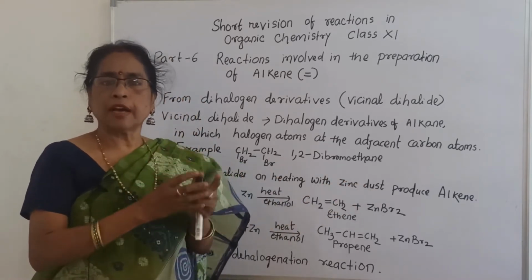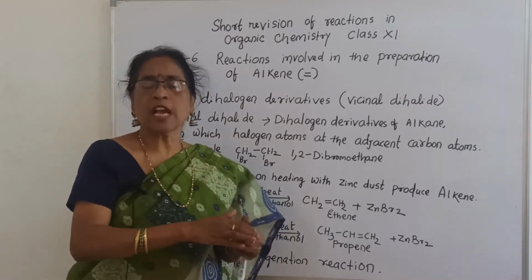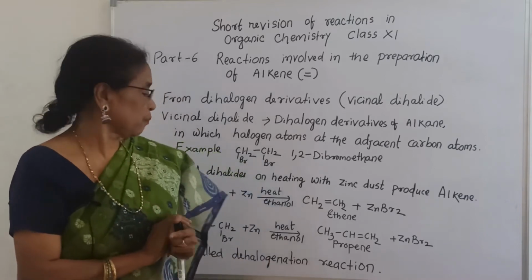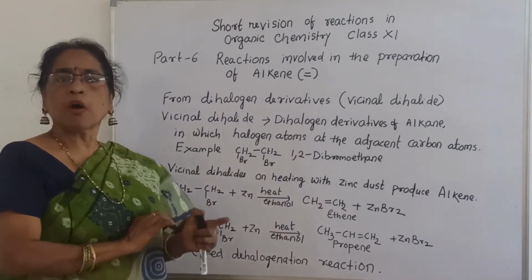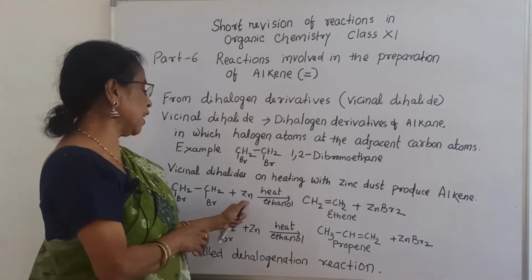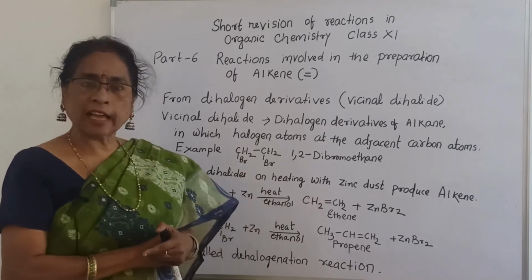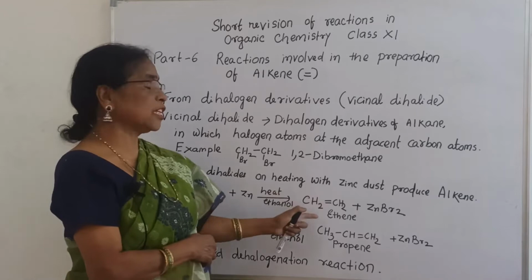That means when vicinal dihalide is heated with zinc dust, it produces alkene. Now see the simple example: 1,2-dibromoethane plus zinc on heating in ethanol. Ethanol is taken as a solvent and it produces ethene.